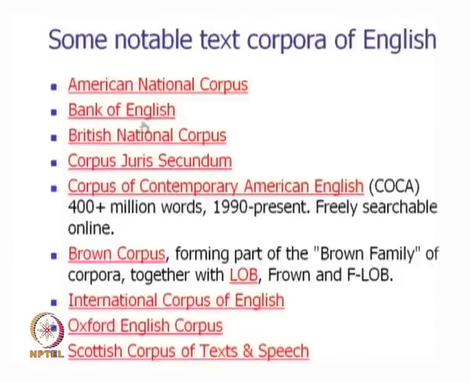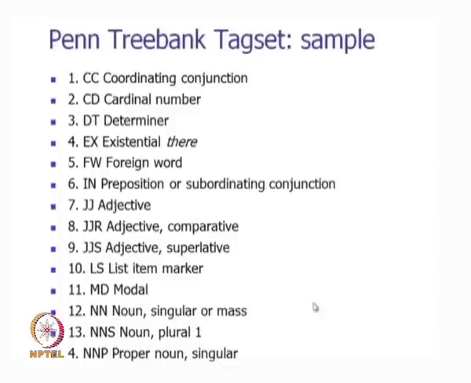So, here is a listing of famous text corpora of English: American National Corpus, Bank of English Corpus, British National Corpus, Corpus Juris Secundum, Corpus of Contemporary American English, Brown Corpus, International Corpus of English, Oxford English Corpus, Scottish Corpus of Text and Speech. So, these are well known corpora.